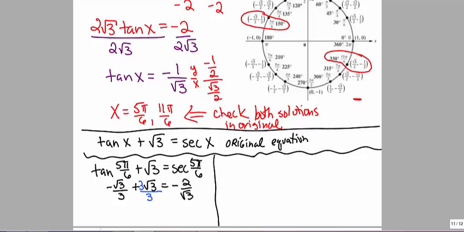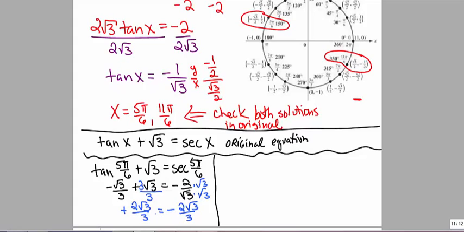And when we add these two together, we get 2 square root of 3 over 3. And notice that that is a positive value. On this side, if I was to rationalize to make both sides look equivalent, we would get still negative 2 square root of 3 over 3. And these are obviously not equal to each other. They are different by a sign.